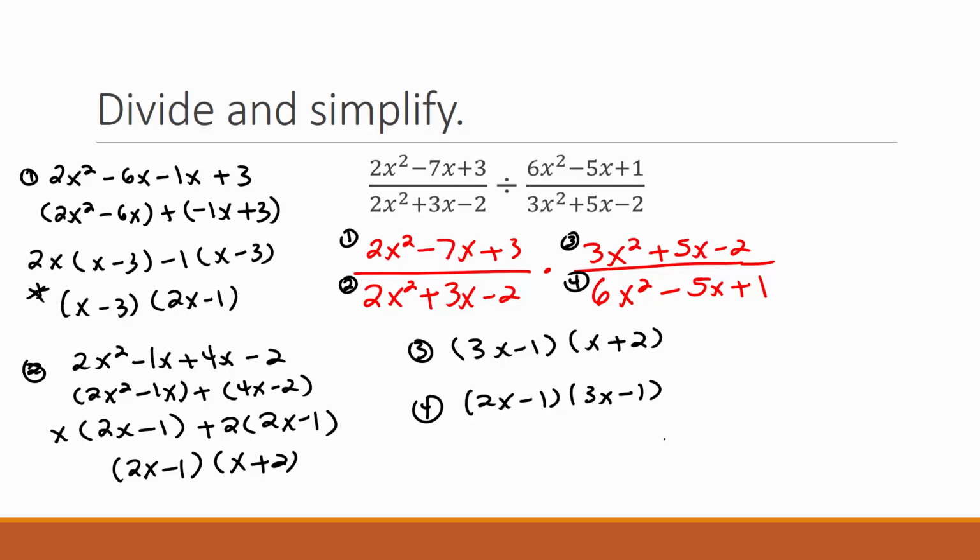Now I'm going to place these back into one fraction. So on the top line, you see I will have expression 1 and expression 3 in their factored form. And in my denominator, I would have expression 2 and expression 4.